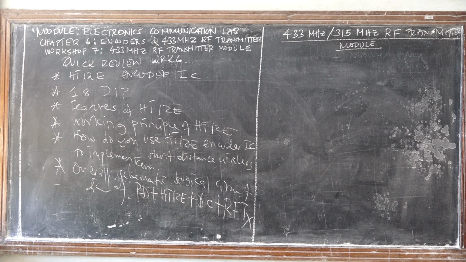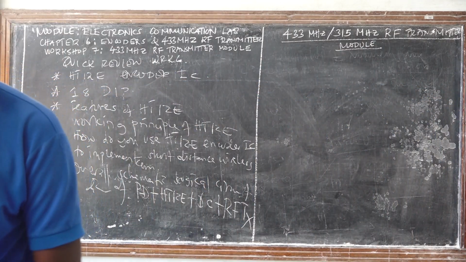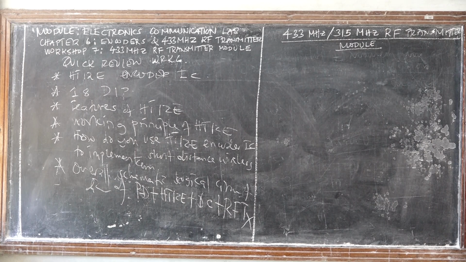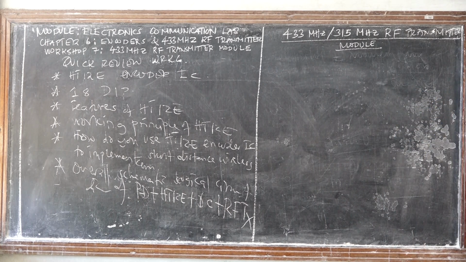What is the difference between a module and something you don't call a module? What is the meaning of module in electronics? I showed you those transmitter modules and receiver modules.